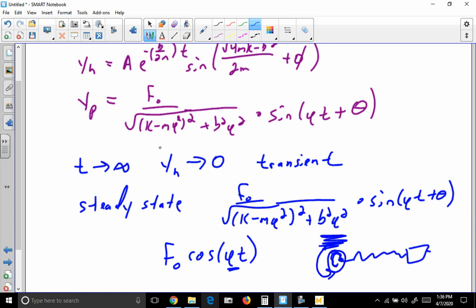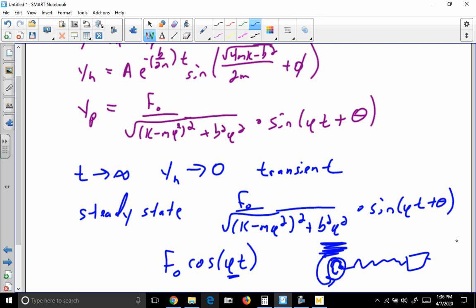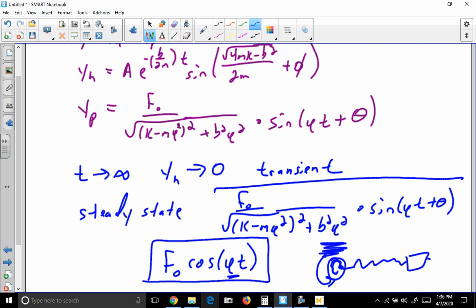So after the oscillation that would occur without a driving force dampens away, then all you're going to be left with is the oscillation caused by this external force. So that's what's driving it. So the steady state comes from here.